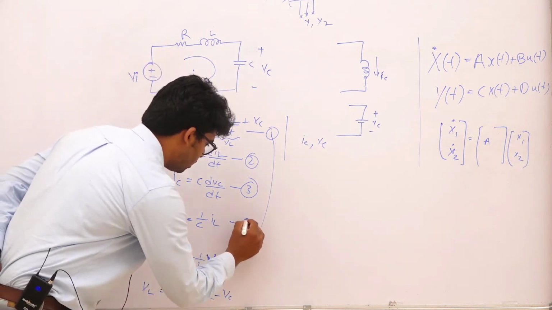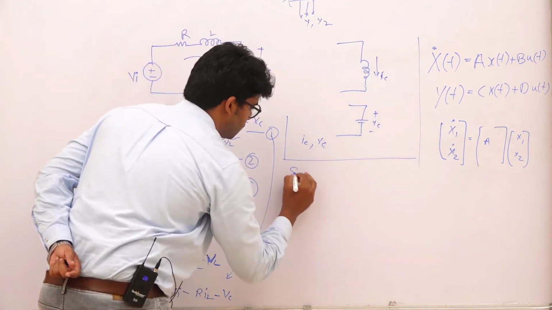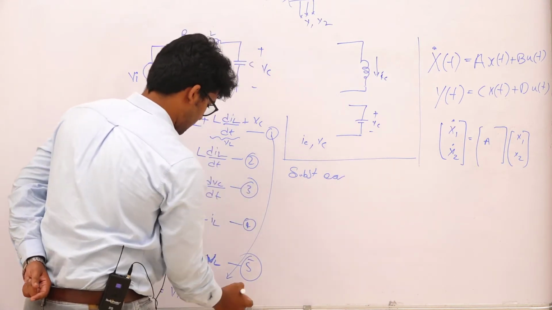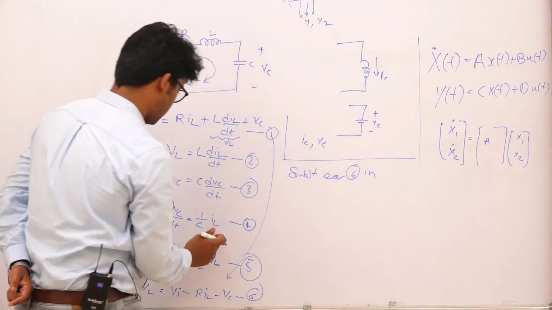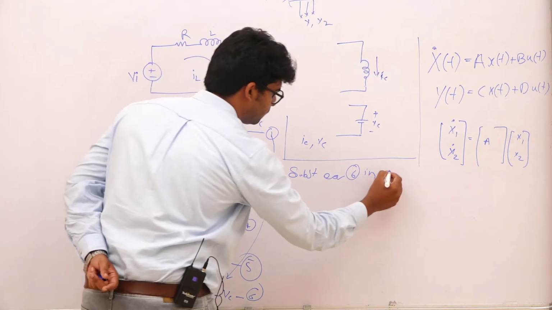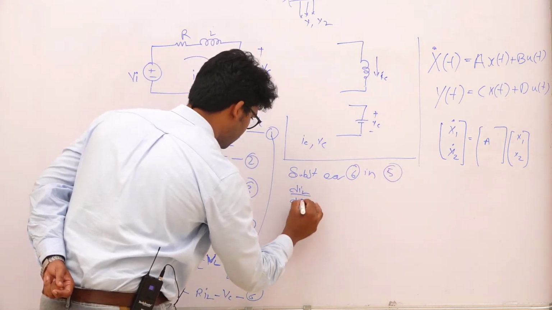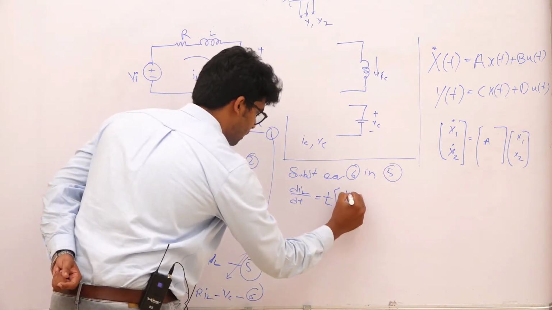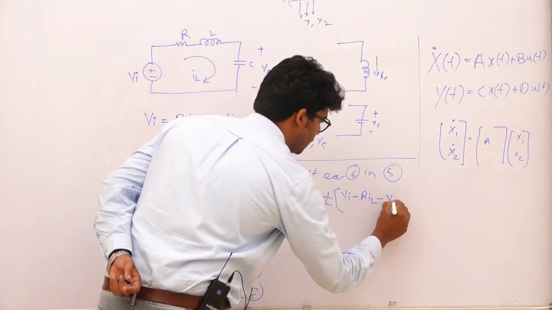So substitute this VL in the equation. This is 4, this is 5. Substitute equation 6 in 4, in 5. So you will get dIL by dt equal to 1 by L into Vi minus R IL minus Vc.